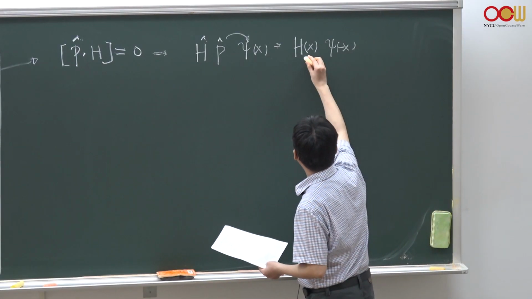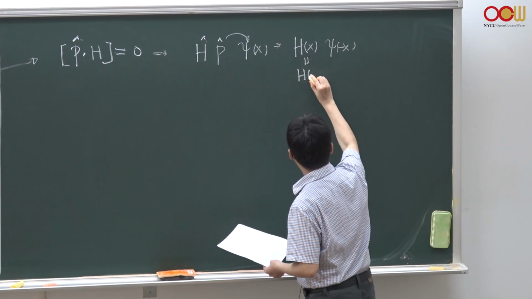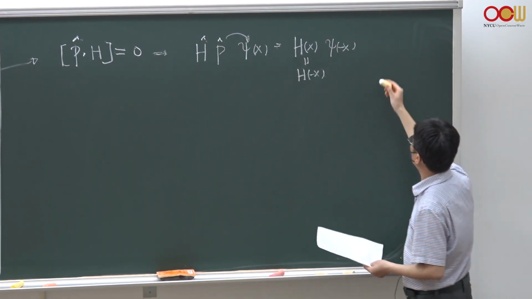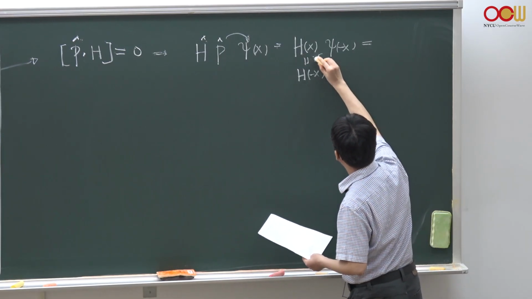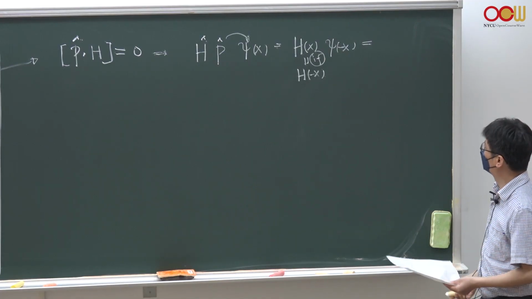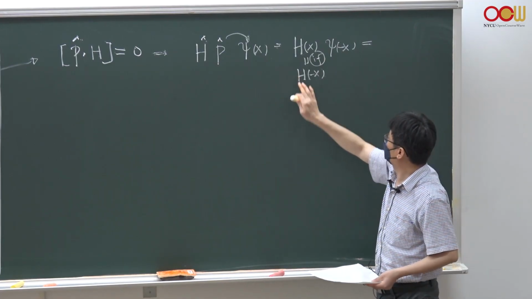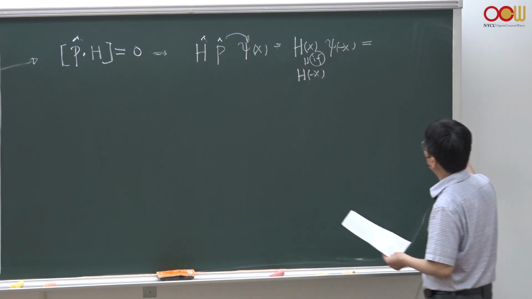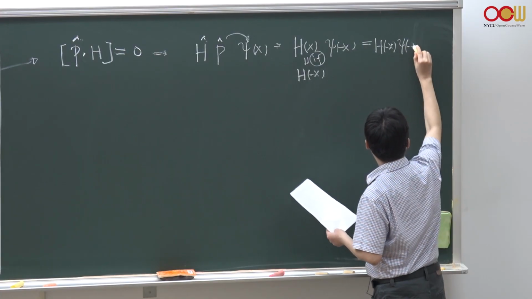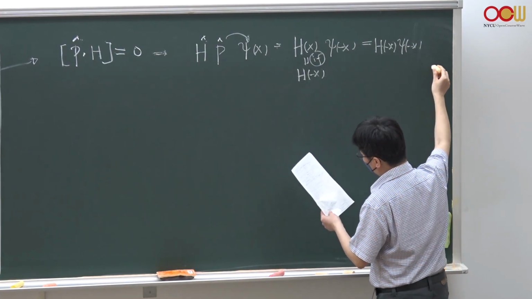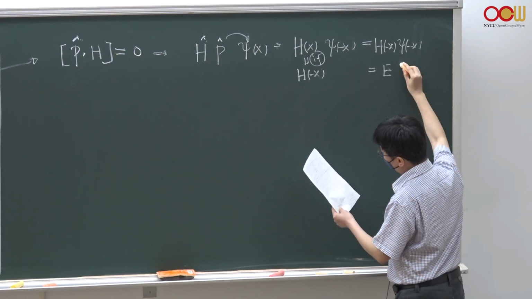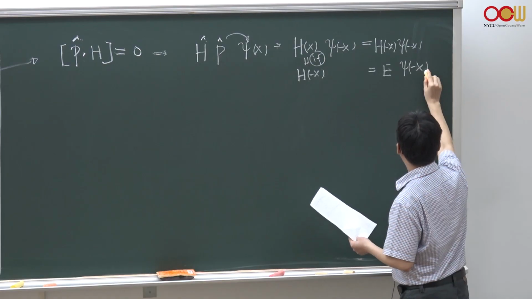But if this H of x is the same as H of minus x, meaning if the Hamiltonian shows parity symmetry, then, this is a big if. We don't know that yet, but assuming that H of x is the same as H of minus x, then I could simply just rewrite this as H of minus x, psi of minus x. Okay, what is this? Well, this is nothing but the eigenenergy times the eigenfunction.